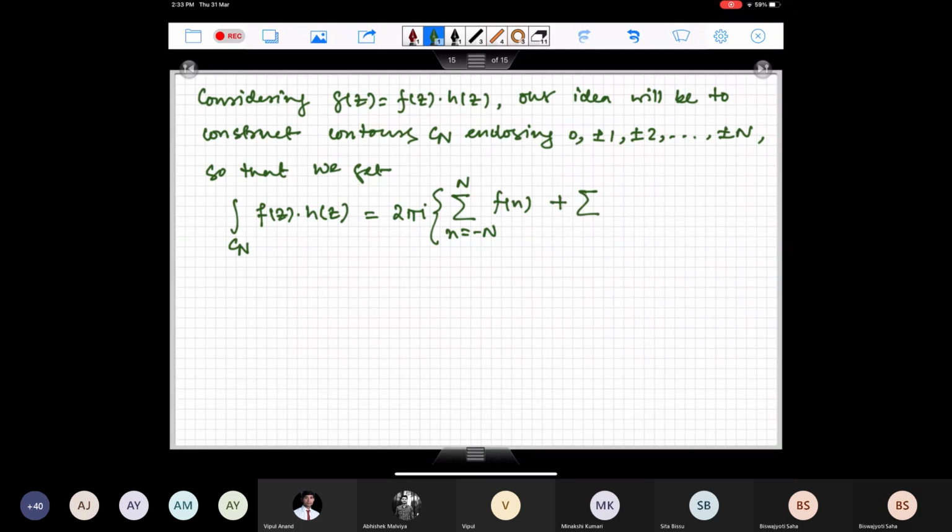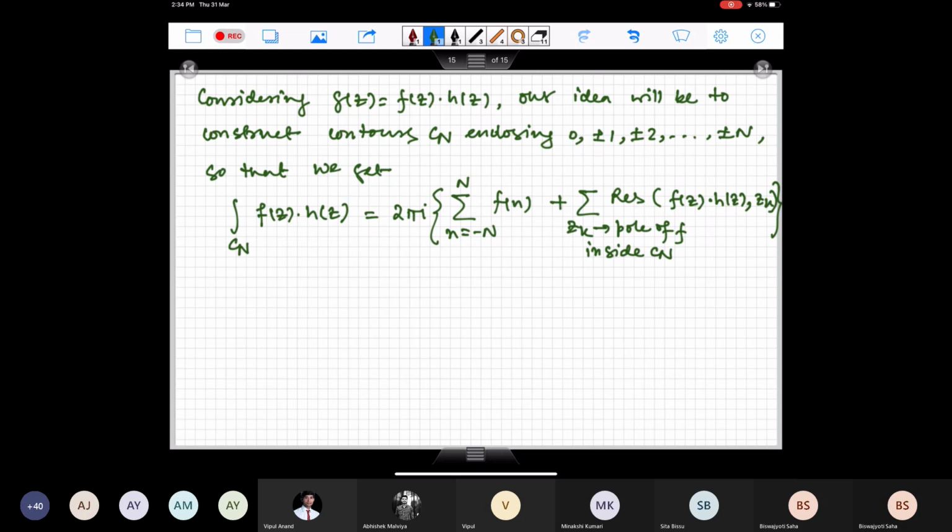So this will be the sum over z_k, poles of f inside C_n, of the residue of f(z) times h(z) at z_k.